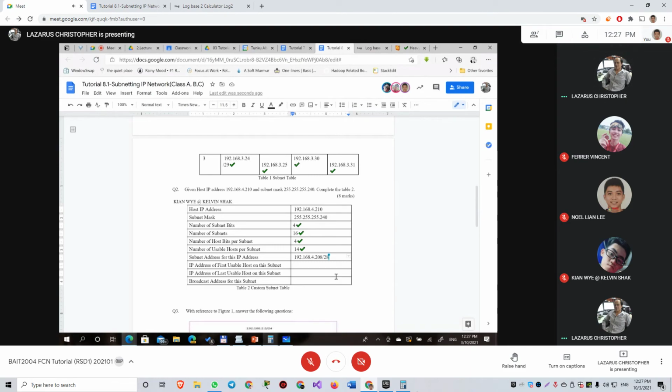So once you get the network address, the next one is 208 plus 16. First usable is the next IP. The first usable address for this subnet is the one after 208.